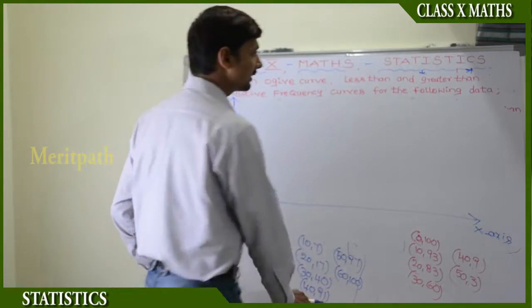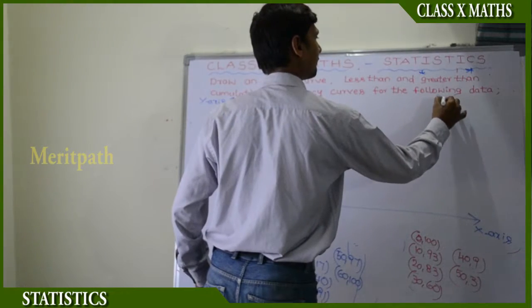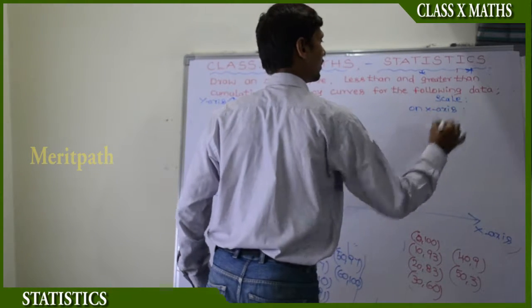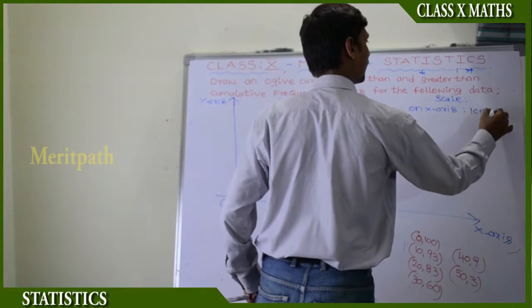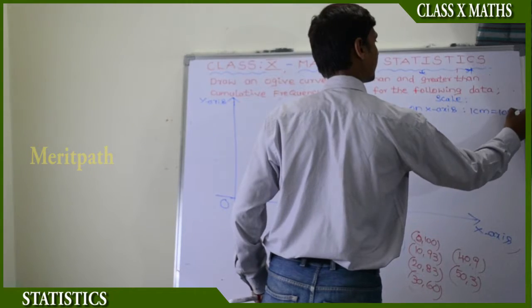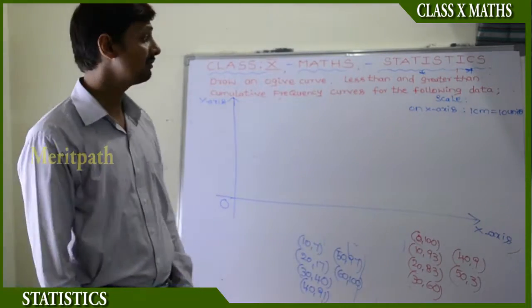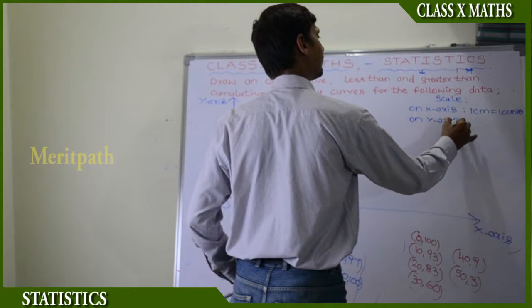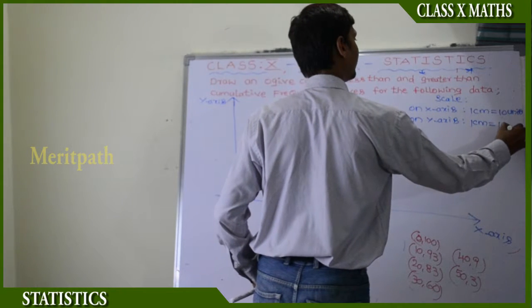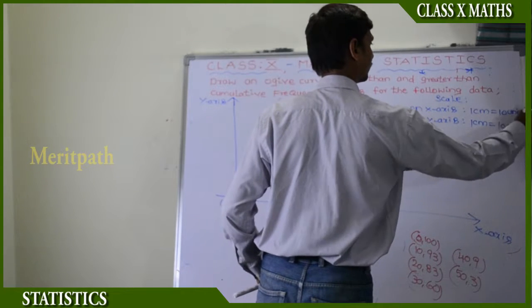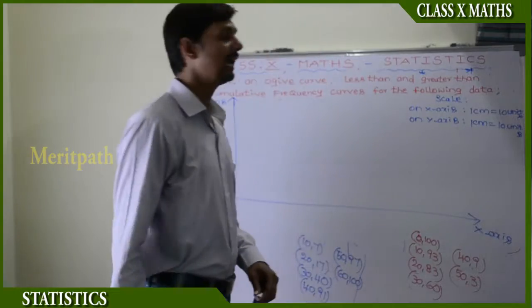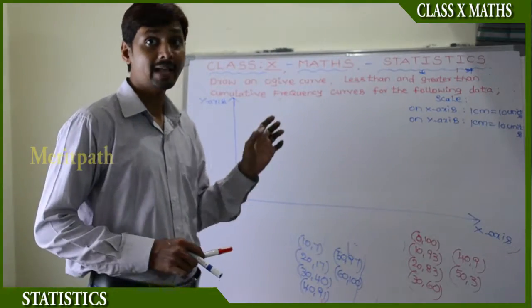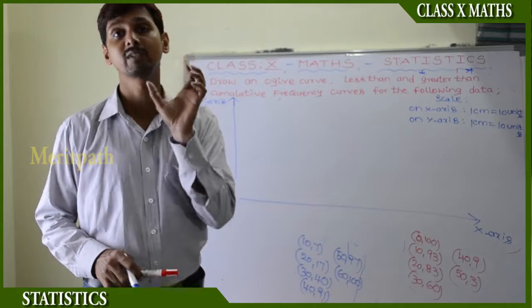So let's take the scale on the x-axis: 1 centimeter is equal to 10 units. And on the y-axis, let's take 1 centimeter equal to 10 units as well. We have taken the scale as 1 centimeter equal to 10 units on both the x-axis and y-axis.